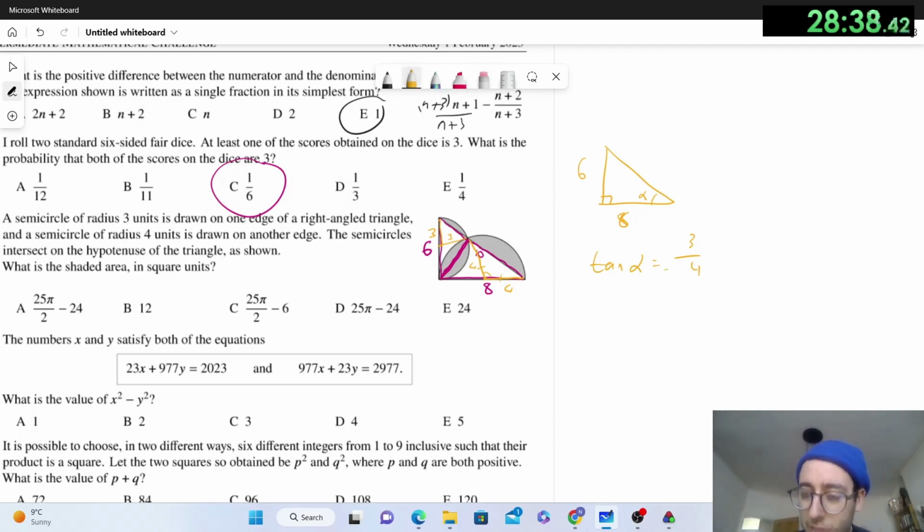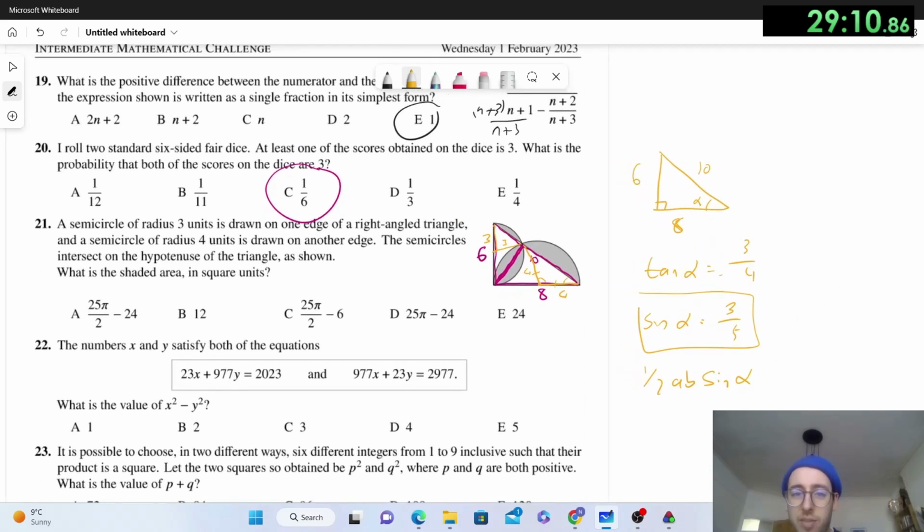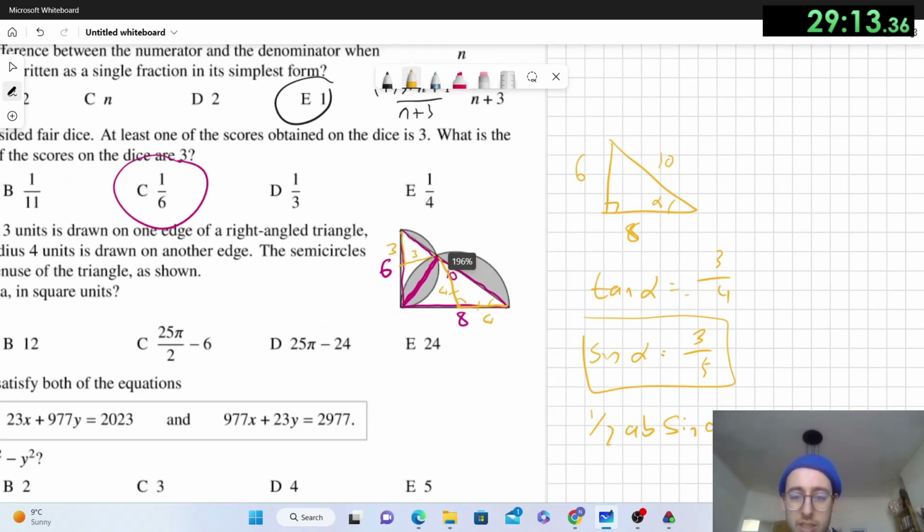But if tan theta is 3/4, then sine of alpha, I know this as well, sine of alpha is the opposite over the hypotenuse, is 3/5. So I can actually use this because I can do half AB sine alpha. Okay, this angle. No. I'm overcomplicating it. I've gone A-level in a world where I need to be going GCSE.